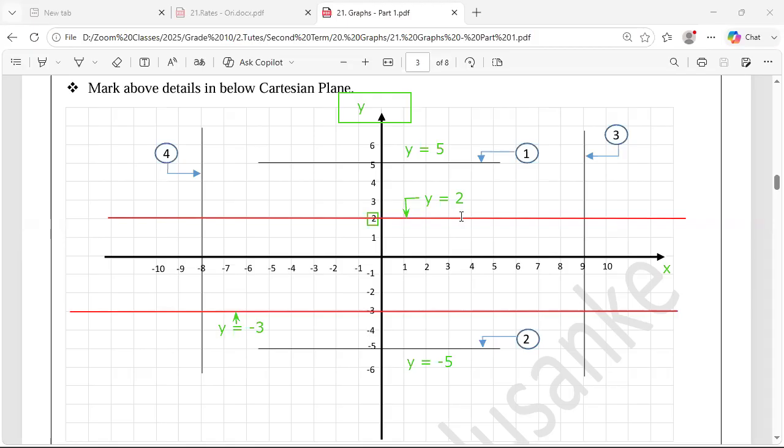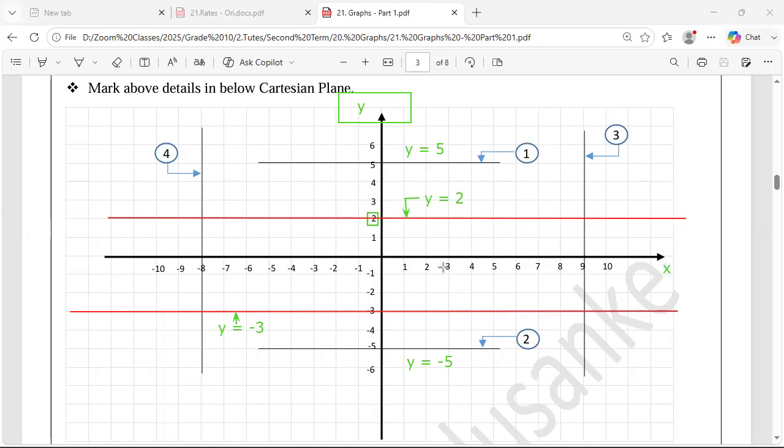Draw x equals 3. So we have to draw x equals something. Where is my x axis? This is my x axis, and I need to find x equals 3.